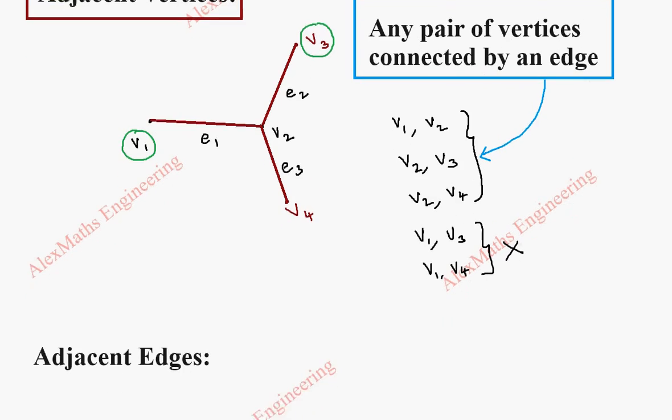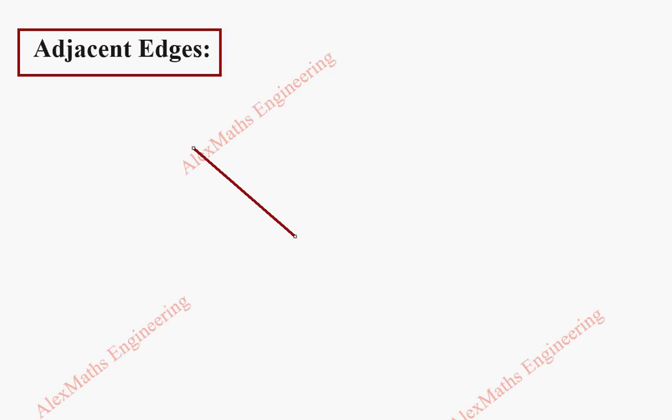Now let's see what is meant by adjacent edges. Adjacent edges are nothing but two edges which have a common vertex. Suppose I have one edge connected by the vertex V1 here and V2 here, let's name this E1, this is edge 1, and there is another edge which is connected by the vertices V2 and V3.